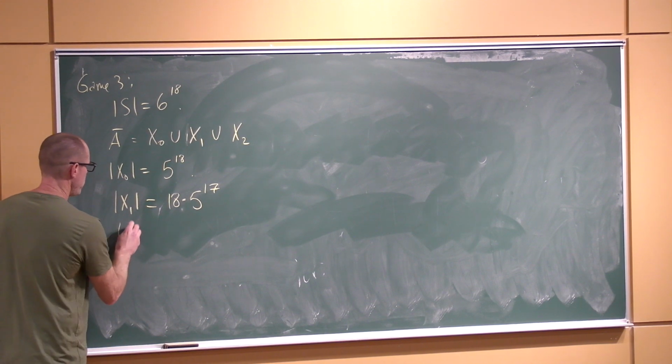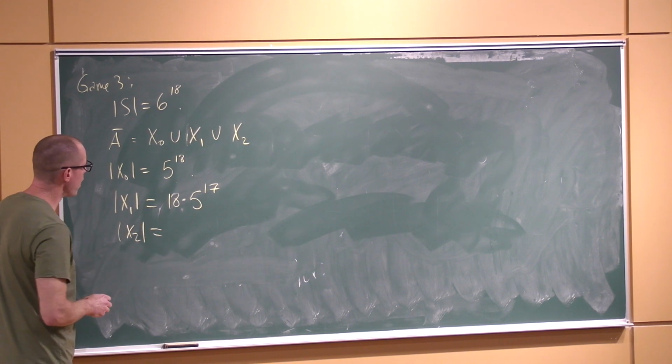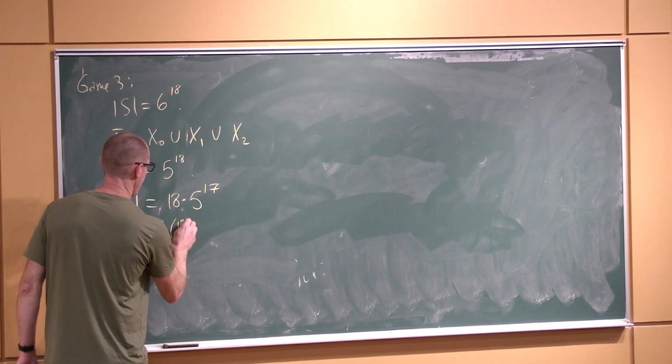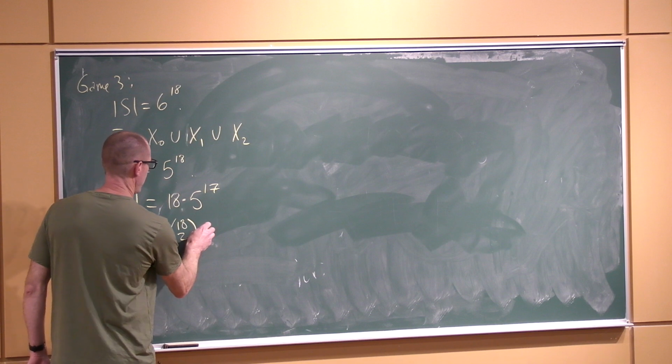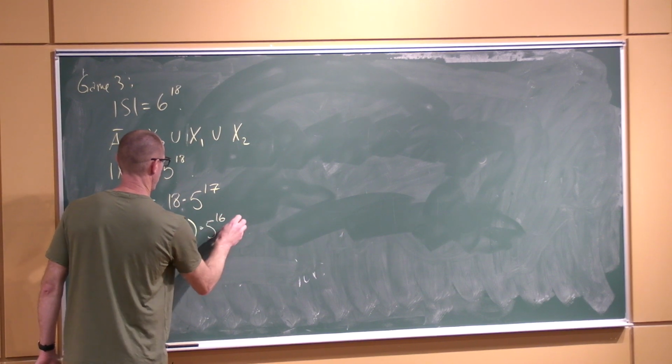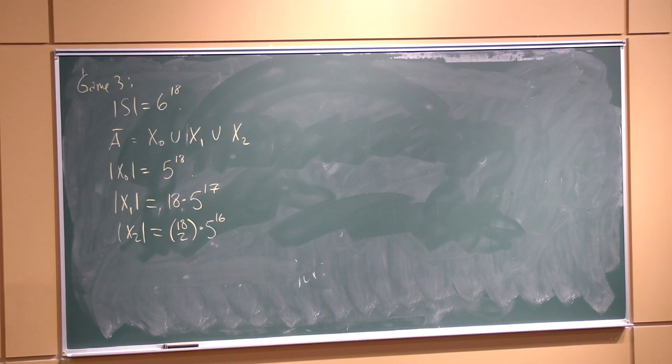And the size of x2. For that, we have to choose 2 of the 18 slots to hold our 6s. So that's 18 choose 2. And then we have to fill in the remaining 16 slots.